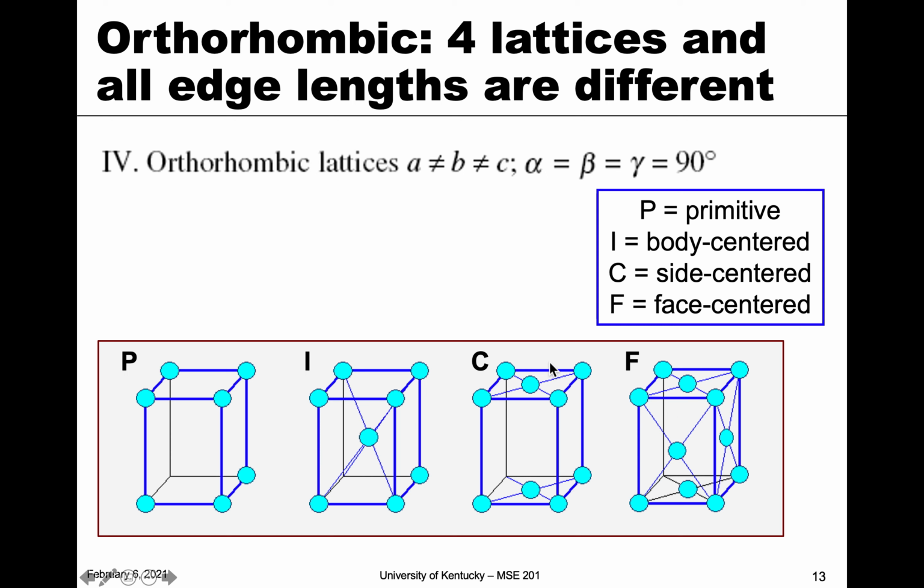Here with the C, this is referred to as side-centered because only one combination of faces, for example the ones perpendicular to the z-axis, this one on the bottom and this one on the top, is centered. And then you have face-centered, where all of them are covered. Here they're forgetting to draw the other 2, but this is face-centered, so all faces contain an atom.